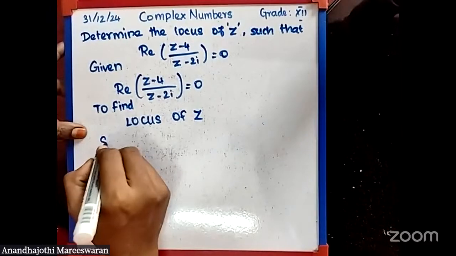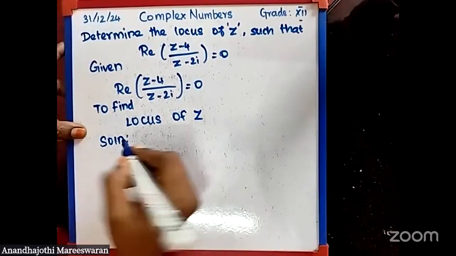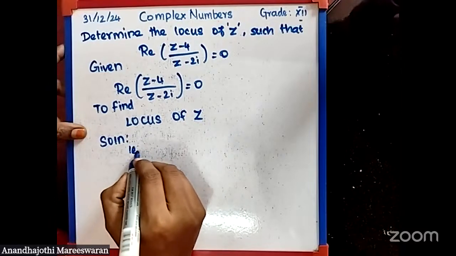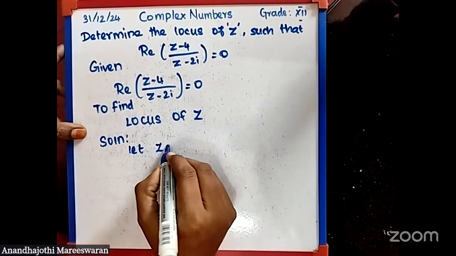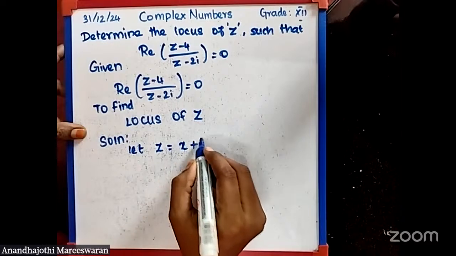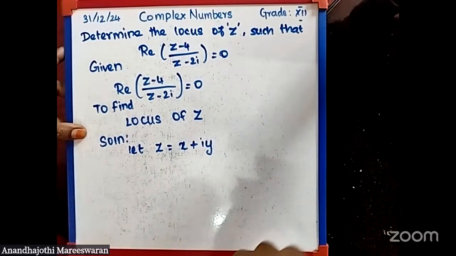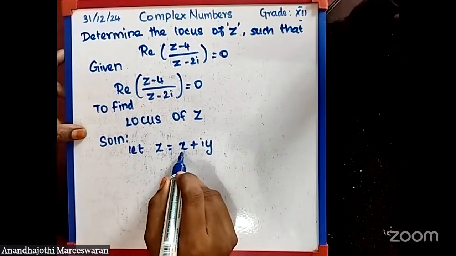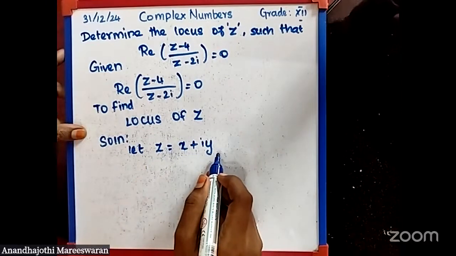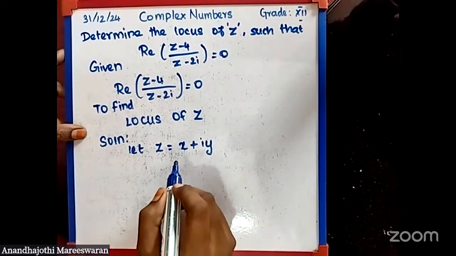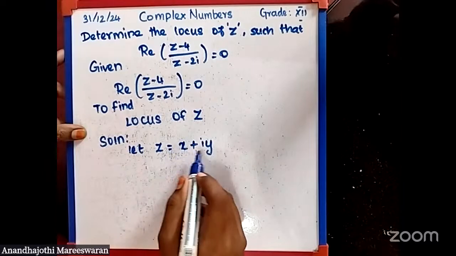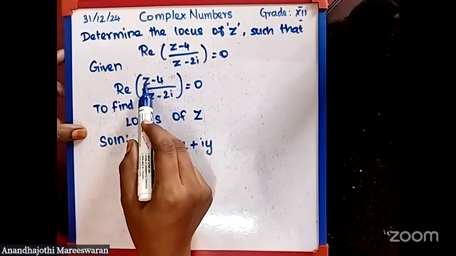Yes. Here comes our solution. To find the locus, I have to take z equal to x plus iy. Z is a complex number, so it will contain a real part and an imaginary part. So I am going to substitute z equals x plus iy in this form.